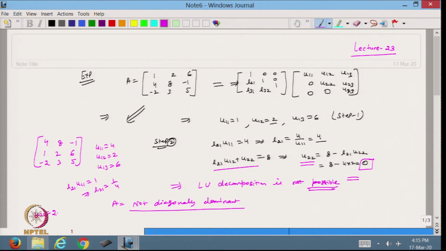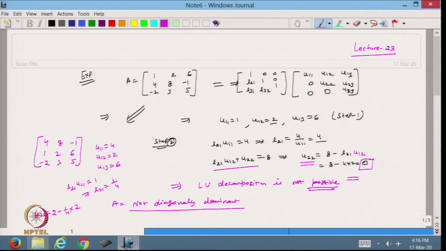So, that will be equal to 2 minus L21 into U22. What is L21? It is 1 by 4, into U22. U22 is, yeah, U12, right. So, it is equal to U12, that is 2.